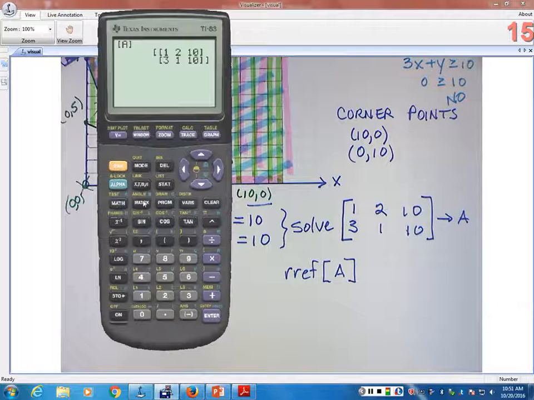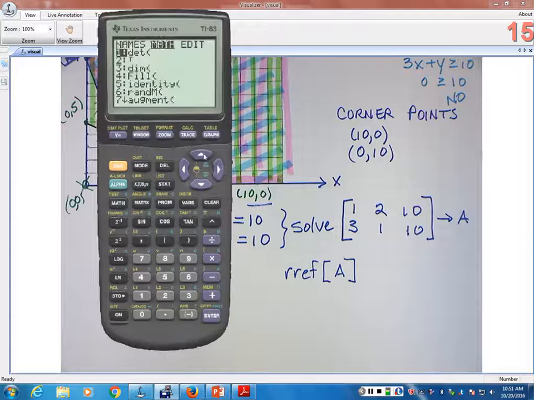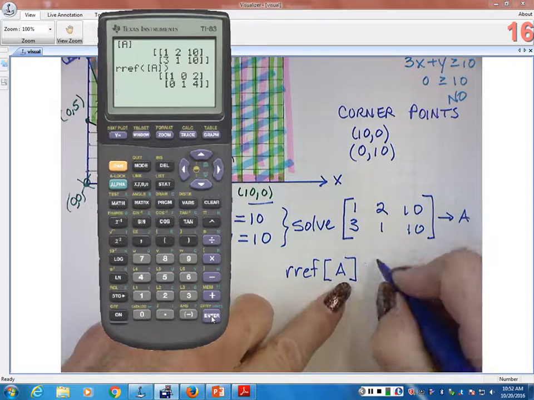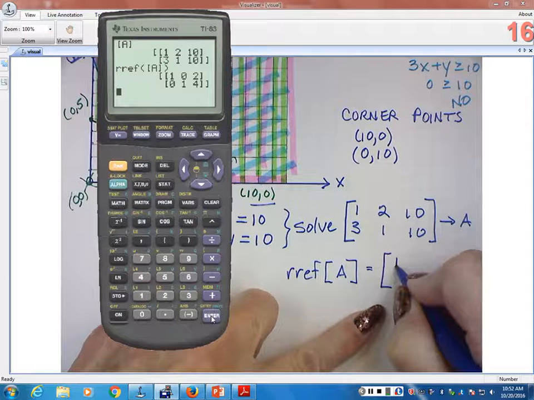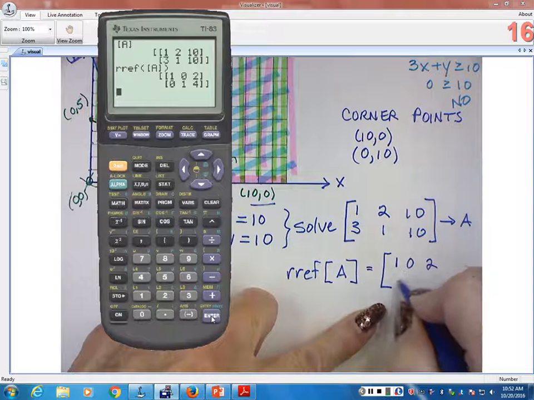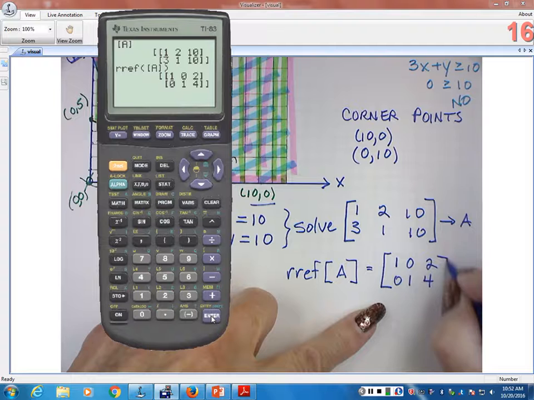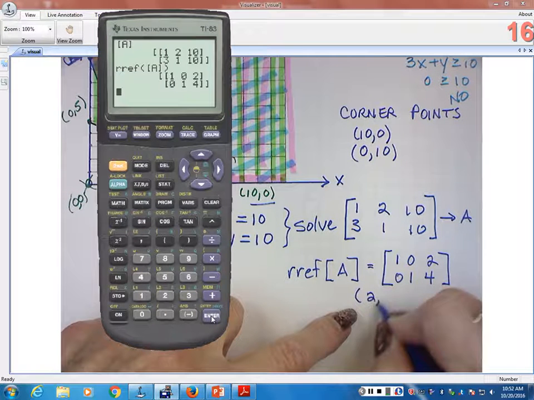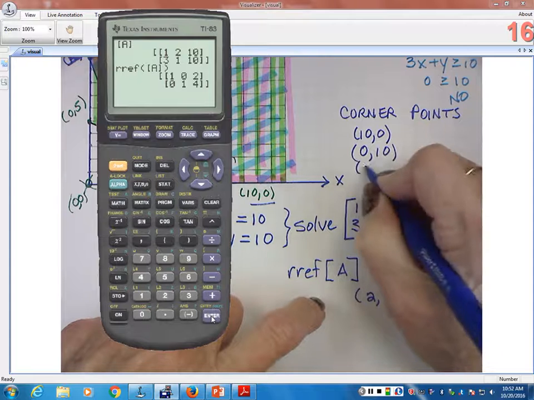And then go back to matrix, go over to math, do the row reduced echelon form of A. And see that x is 2 and y is 4. So it's our other corner point.